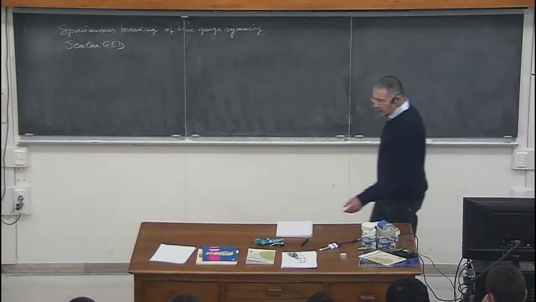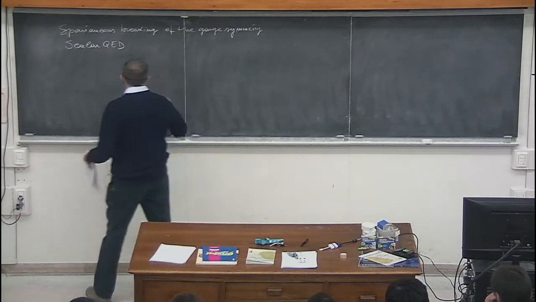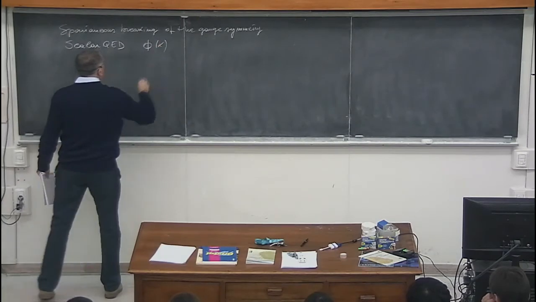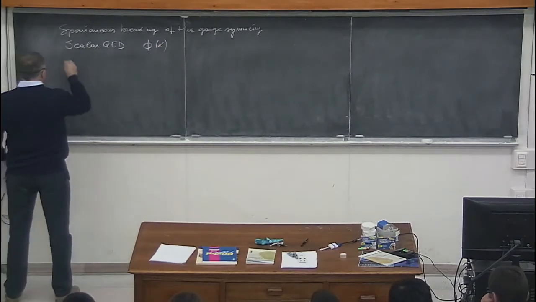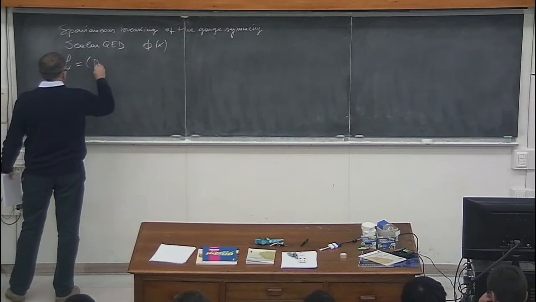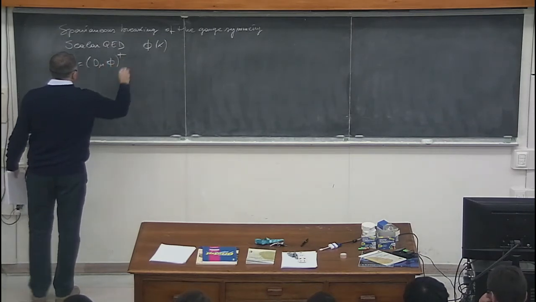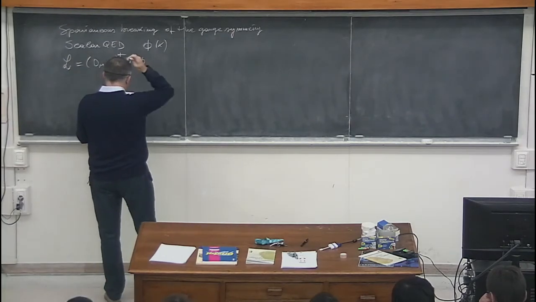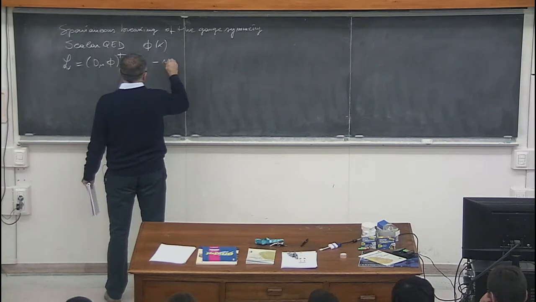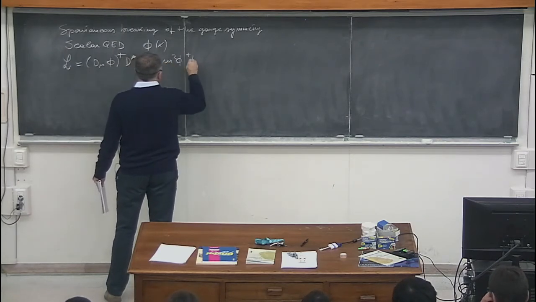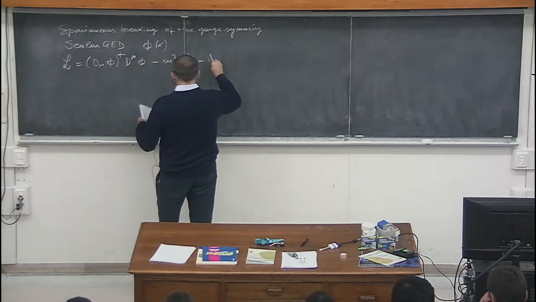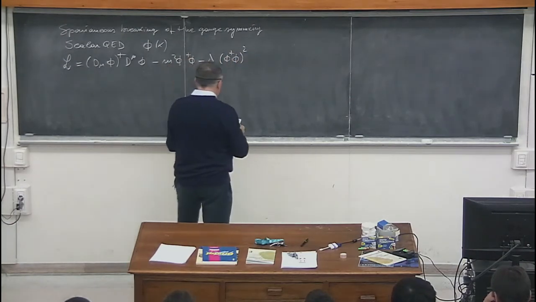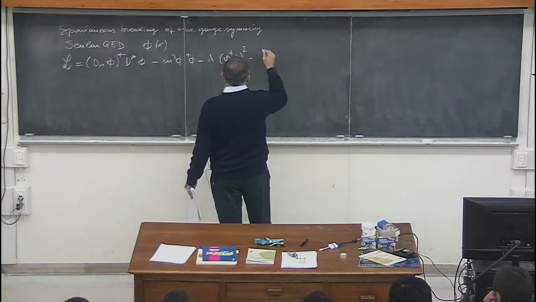So what is scalar QED is very simple. I have a charged scalar field phi of x, and the Lagrangian density is d mu phi Hermitian conjugate d mu phi minus m square phi dagger phi minus lambda (phi dagger phi) squared minus, let me use Feynman gauge.